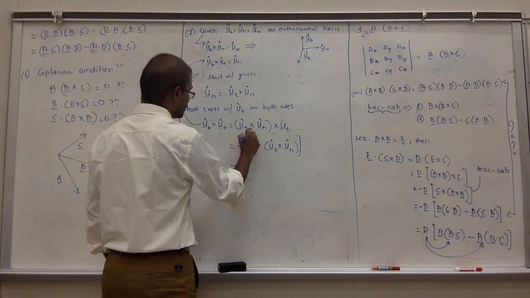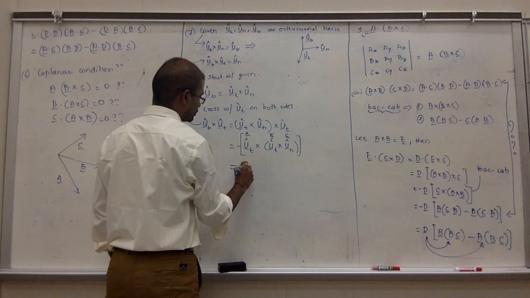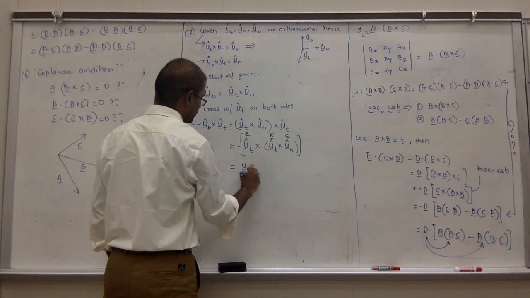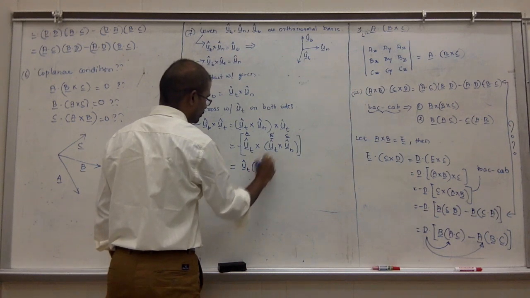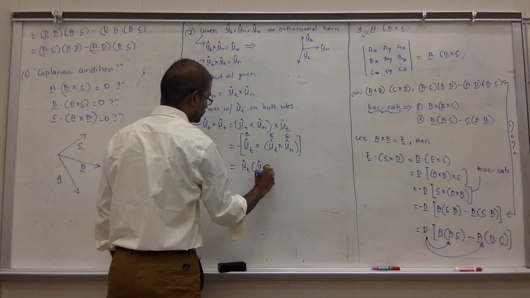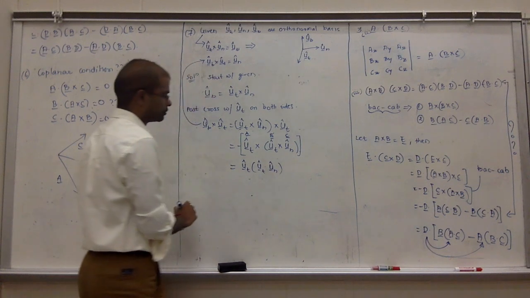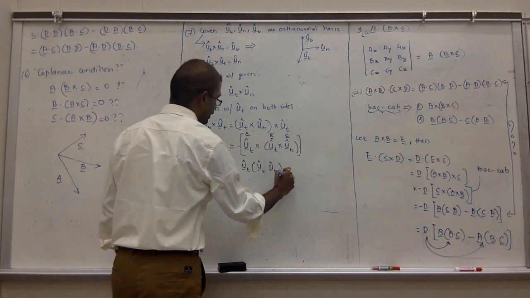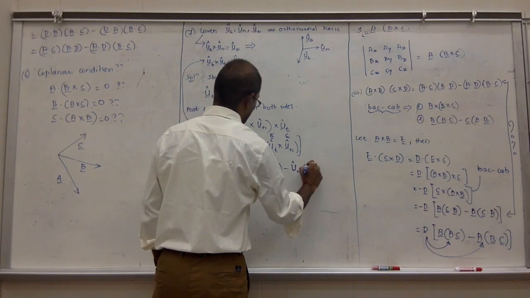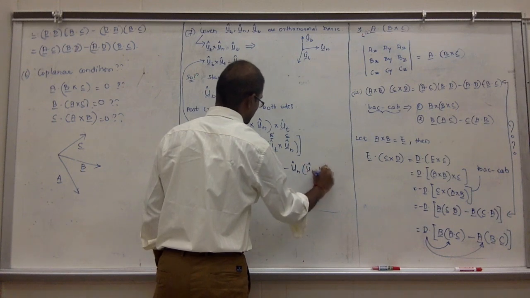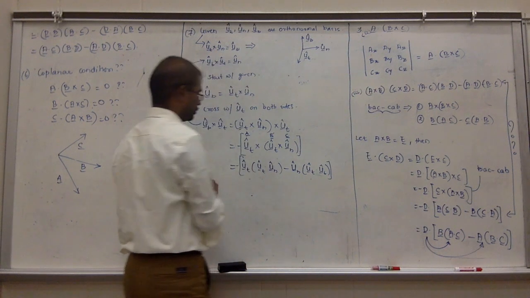You can see this as A, B, C. Apply your BAC minus CAB rule, which is UT dotted with UN, times UT, and you have a minus sign.